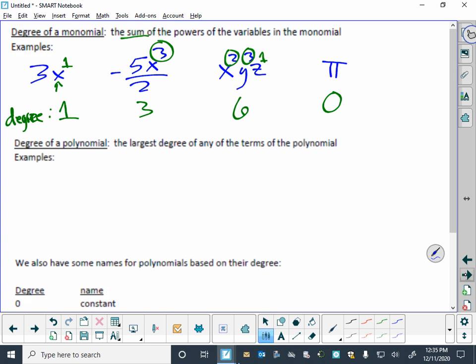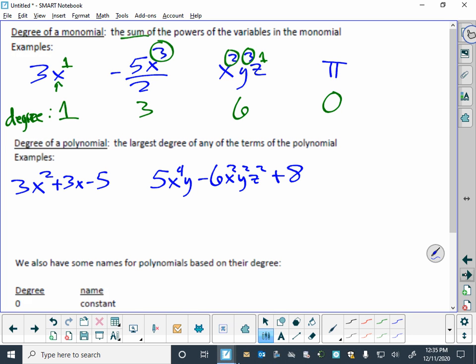So if I have one of my quadratic trinomials, let's go with 3x squared plus 3x minus 5. Do that as an example. Let's do a 5x to the 4th y minus 6x squared y squared z squared plus 8 to the 41st power.